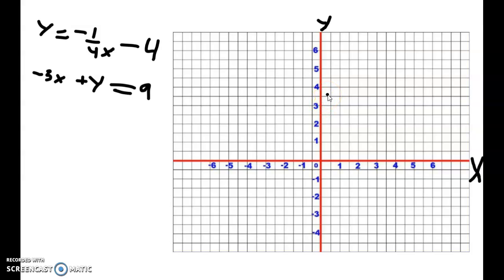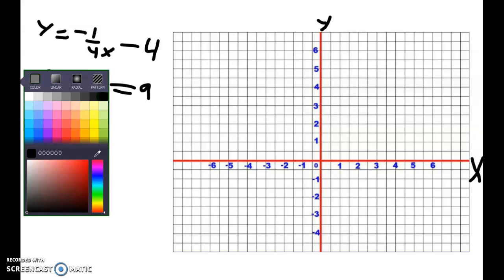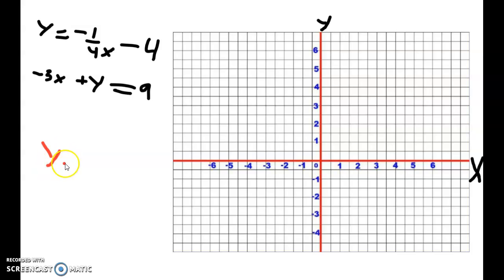So let's start off by finding the slope here for the first one. I'm going to write it down here in a different color, in red. So y equals negative 1/4 x minus 4.